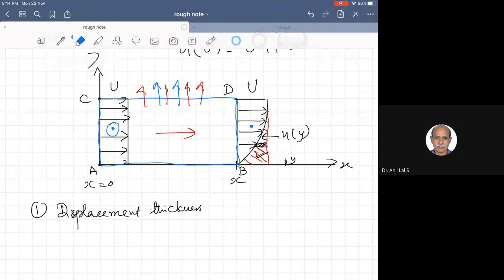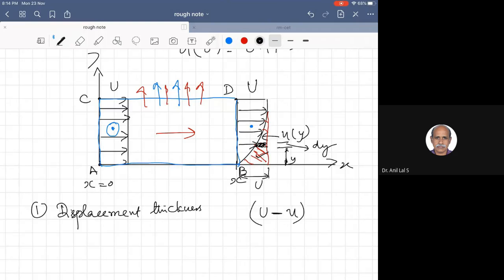At a certain y, we consider a small strip of height dy, and the reduction in mass flow rate corresponding to the small strip area is as follows. The total velocity is U, the uniform velocity, and now the velocity is only small u, and this is the reduction in velocity.